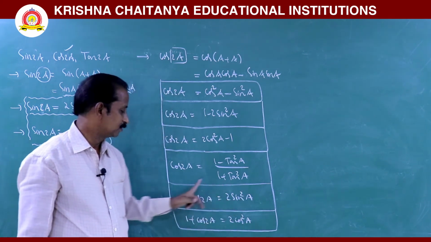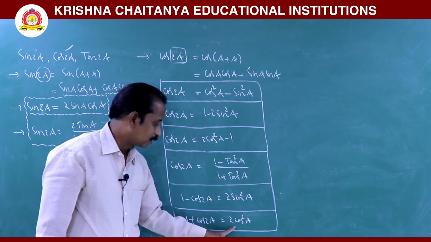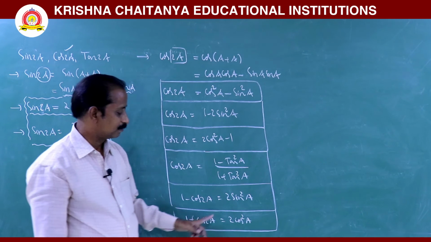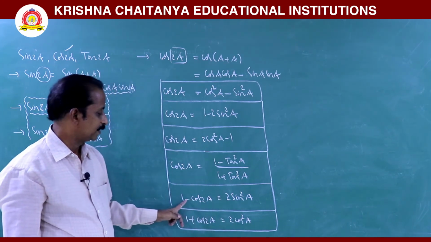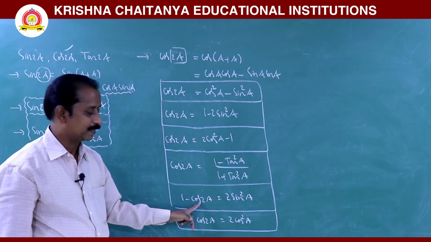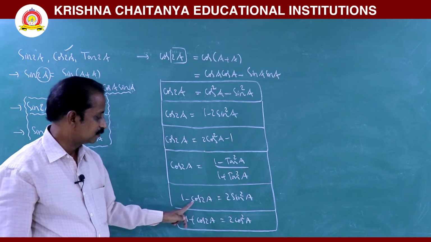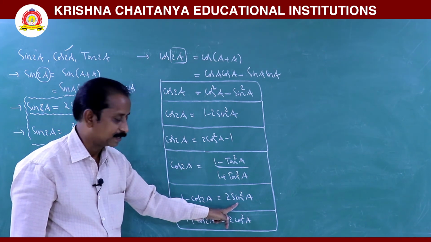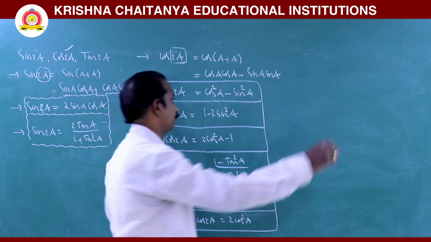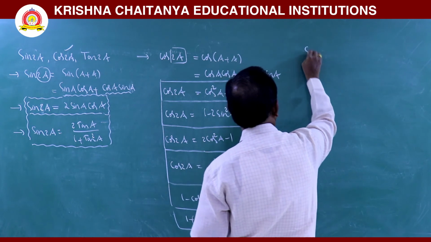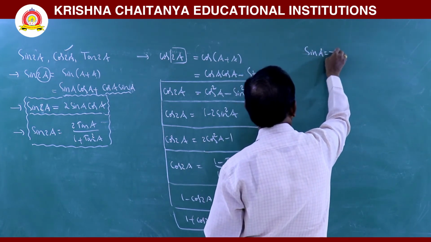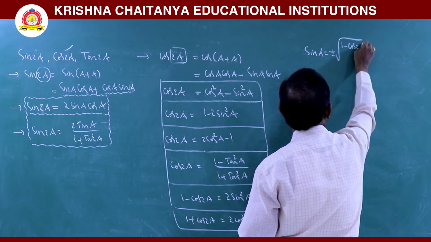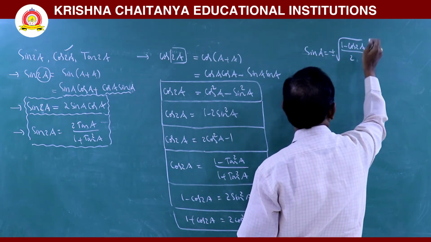2 sin square A is equal to 1 minus cos 2A, 2 cos square A is equal to 1 plus cos 2A. We can derive another one also. 2 sin square A is equal to 1 minus cos 2A. So, from this one sin square A is equal to 1 minus cos 2A by 2. Then we can write sin A is equal to plus or minus root over 1 minus cos 2A divided by 2.